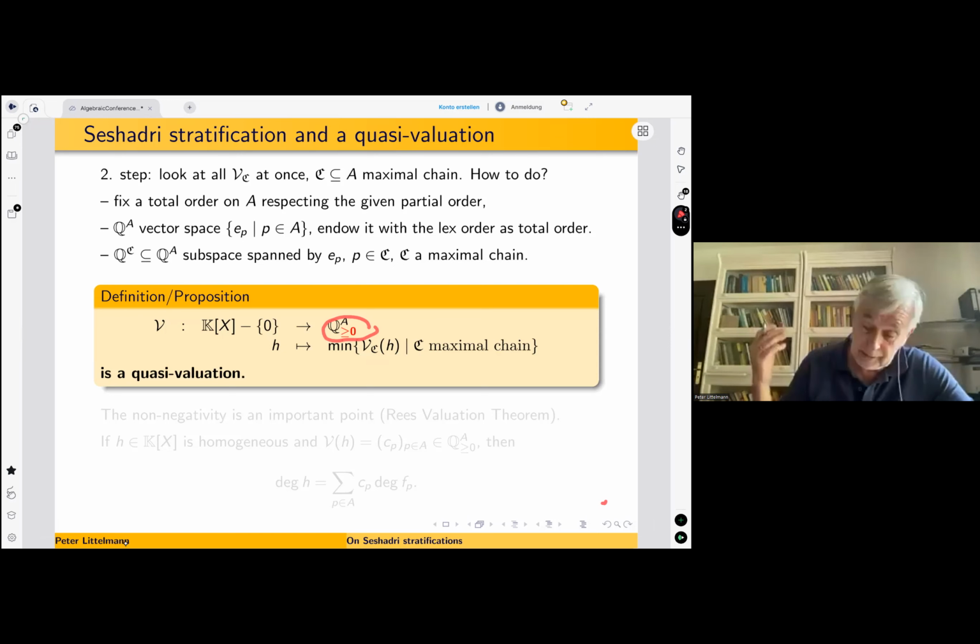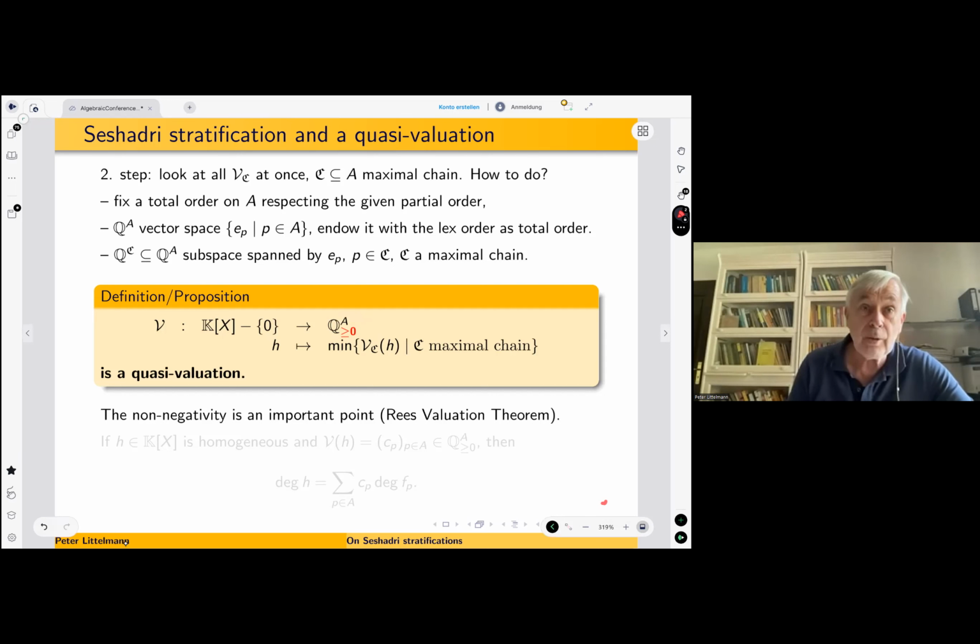So all entries of this result will be non-negative. And this is quite an important point and very helpful later. Actually, this is a direct consequence of the Rees valuation theorem when you look at the proof.